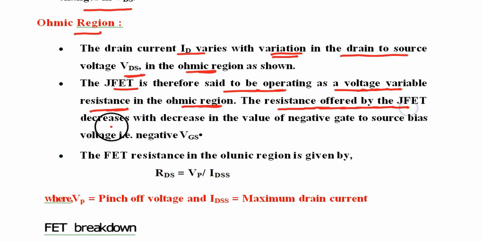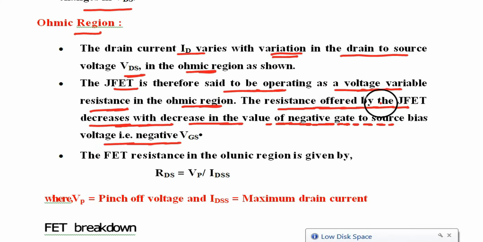The resistance offered by the JFET decreases with the decrease in the value of negative gate to source bias voltage.